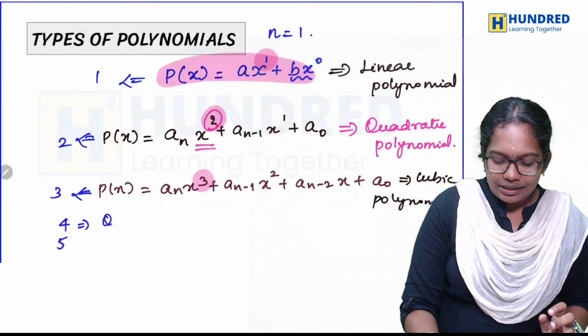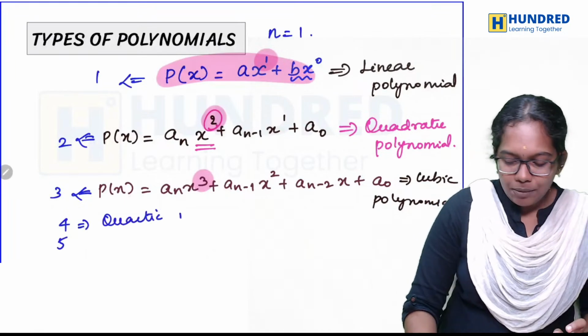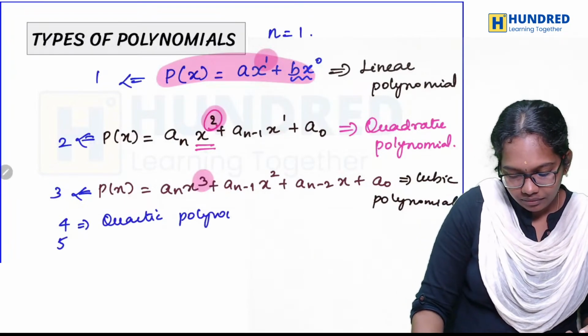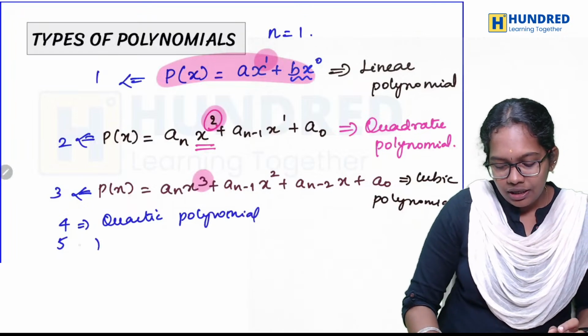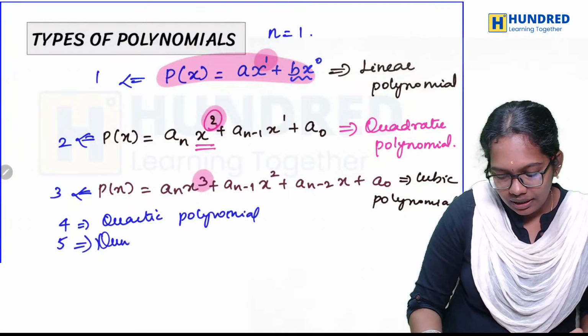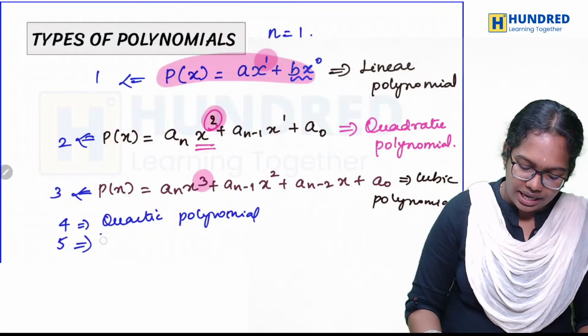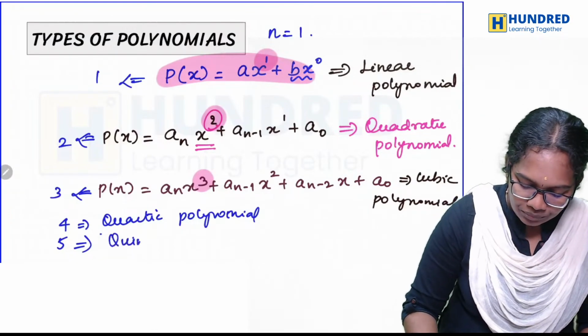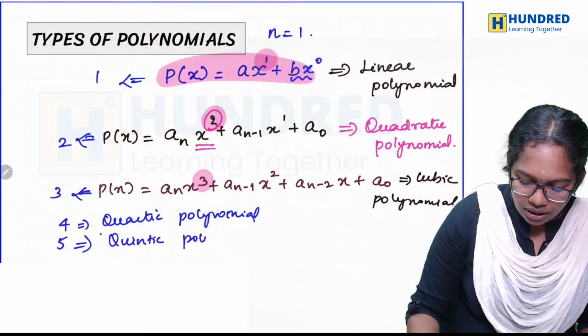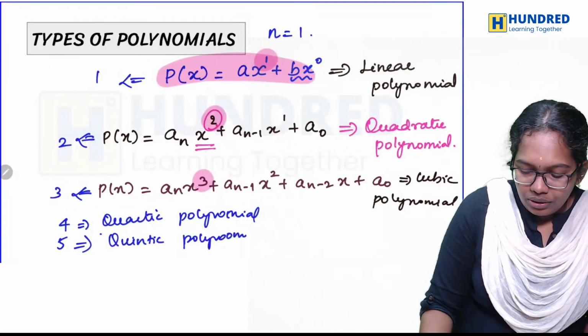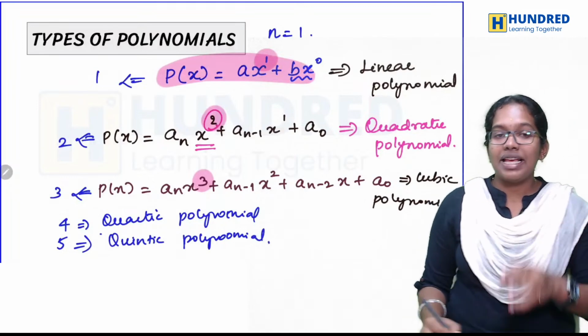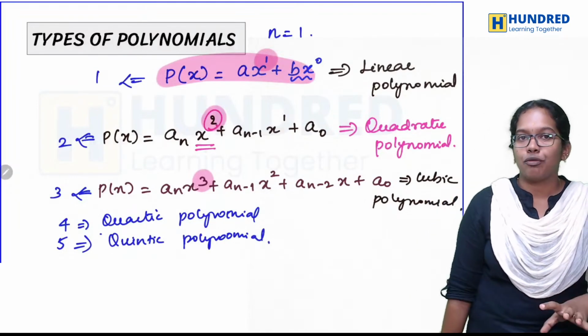This is a quartic polynomial, and this will be a quintic polynomial. Okay? These are also needed to know. If they ask, you should know, right? Quintic polynomial.